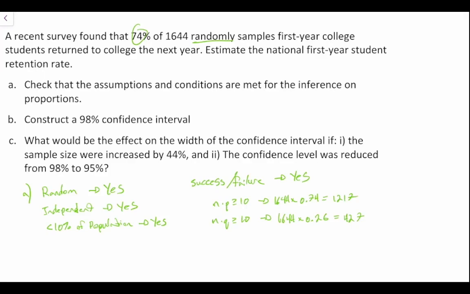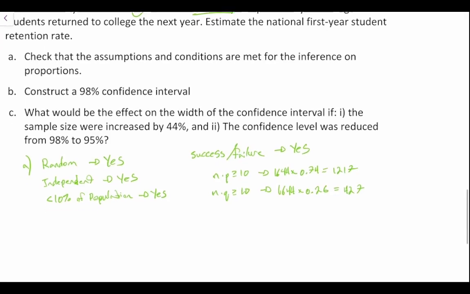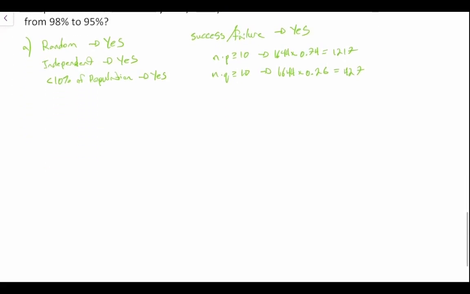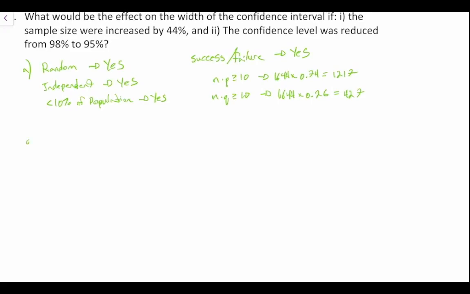We're then asked to construct a 98% confidence interval. So B. We remember that the equation for a confidence interval is p hat plus or minus our margin of error, where our margin of error is equal to z star times the standard error of the proportion of our sample.